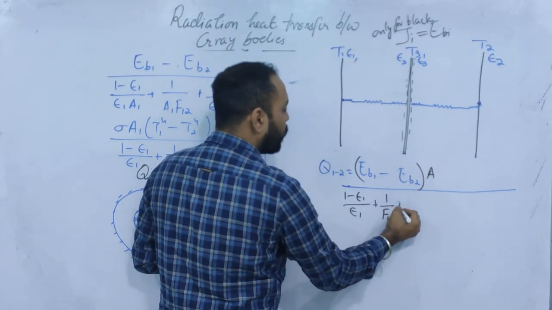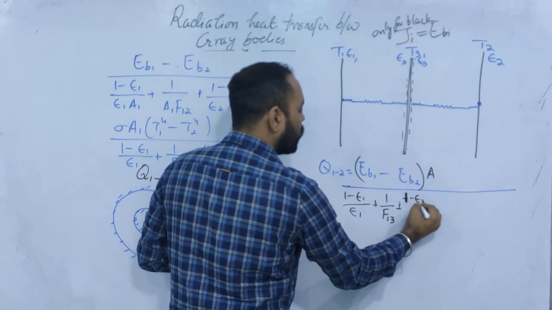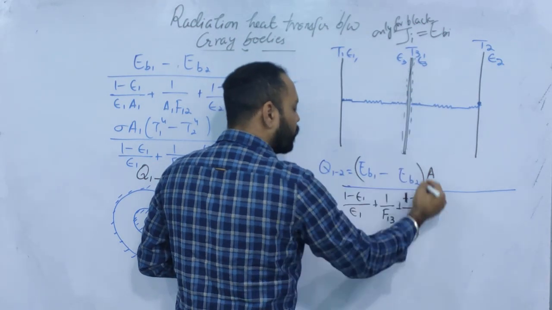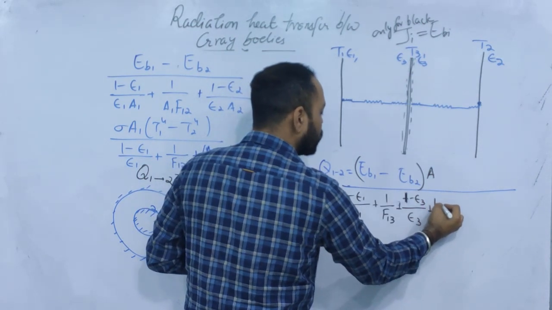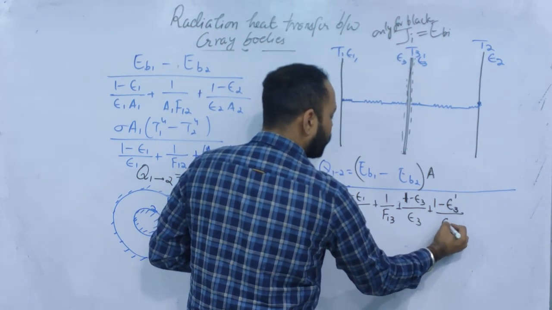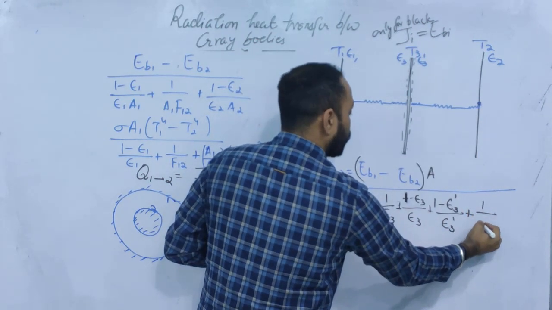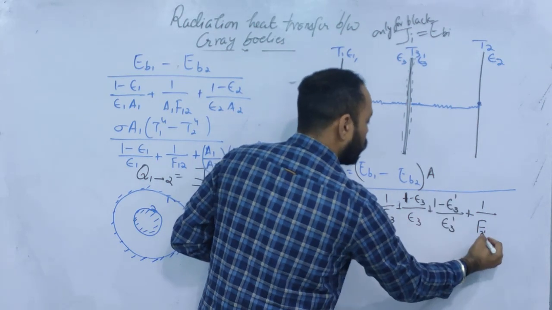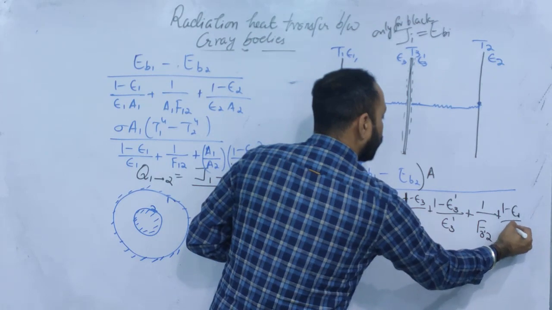Plus surface resistance (1 minus epsilon 3) divided by epsilon 3, plus the other side of this radiation shield, that is also going to give you some surface resistance, that is (1 minus epsilon 3 dash) divided by epsilon 3 dash, plus space resistance, that is 1 by F3 dash 2, fine, plus (1 minus epsilon 2) by epsilon 2.